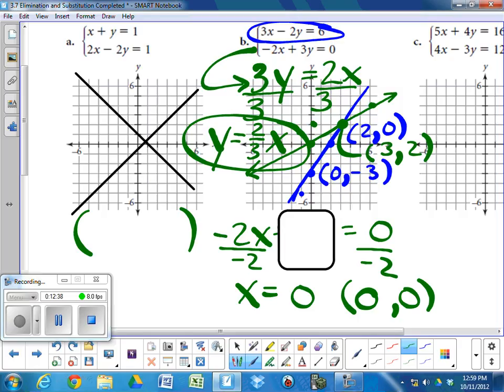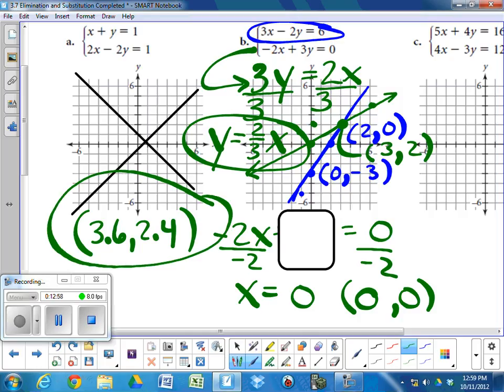Where do they meet? (3.6, 2.4). It wasn't exactly (3, 2). So that's another instance where you do one method and you think you have their intersection, but you do another method and you confirm that it's actually a little bit different.